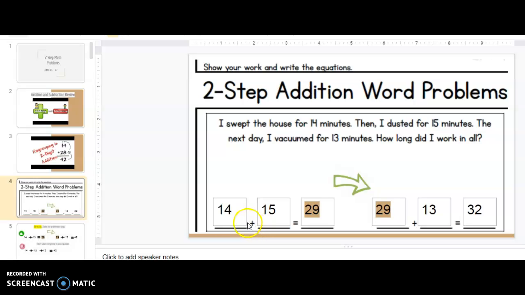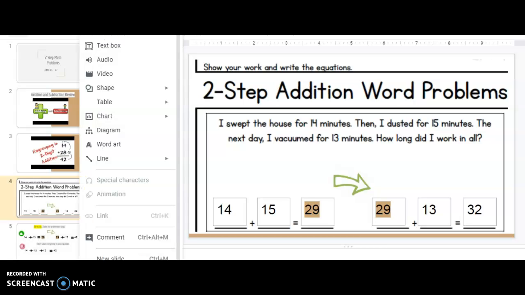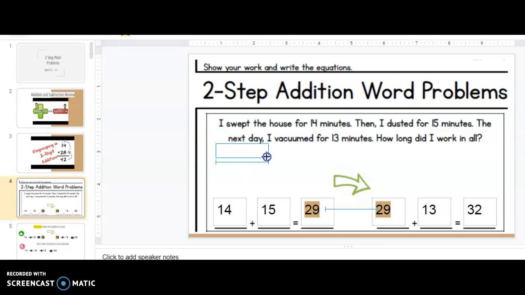Okay, what are we adding on to that 14? Then I dusted for 15 minutes. All right, so on your sheet of paper, let's write down 14 plus 15. On your sheet of paper, it's not going to look like this. You guys are going to write the problem up and down. So let's see if I can show that here.